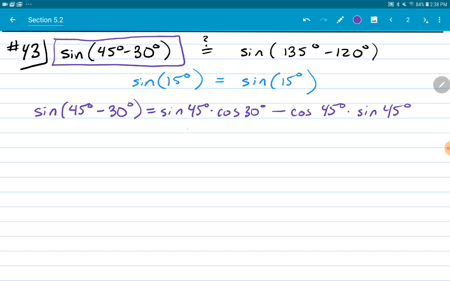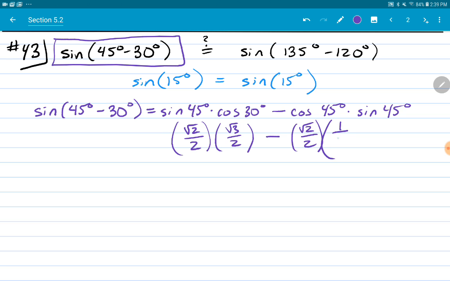So that equals sine of 45 degrees is radical 2 over 2, and the cosine of 30 degrees is radical 3 over 2, minus cosine of 45 degrees is radical 2 over 2, and sine of 30 degrees, that's beta, is 1 over 2. I think I messed up here; this one should be 30 degrees.